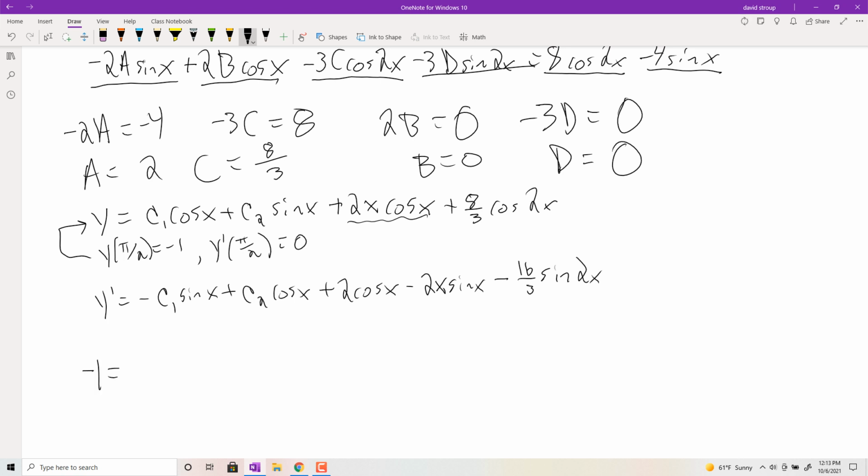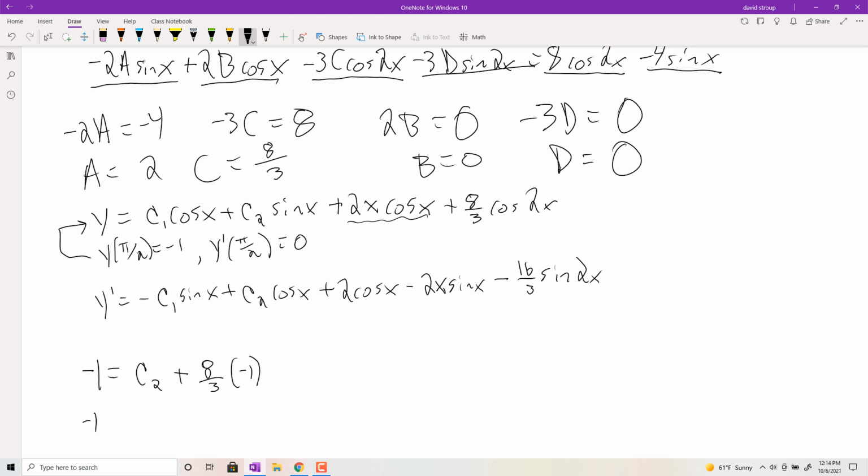Okay. The first initial condition, plopping that into here, I would get -1 equals cosine of pi over 2 is 0, so that first guy is 0. Sine of pi over 2 is 1, so I would get c2. And then, again, cosine of pi over 2 is 0, so 2x cosine x is 0. And then 8/3, so plus 8/3. Cosine of 2 times pi over 2 is the same as cosine of pi. Cosine of pi is -1.